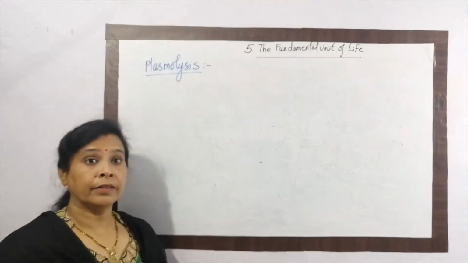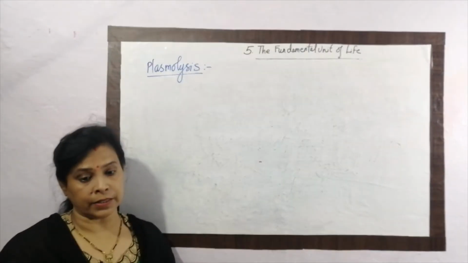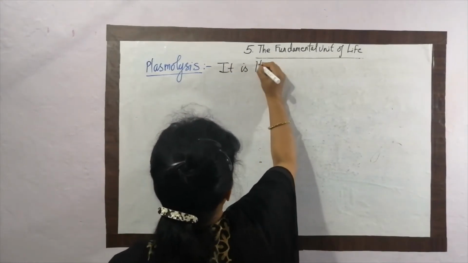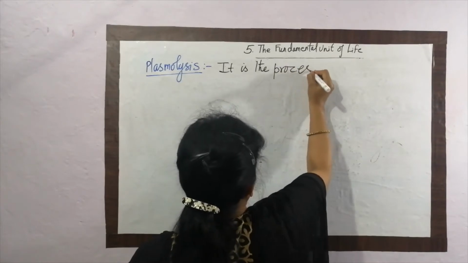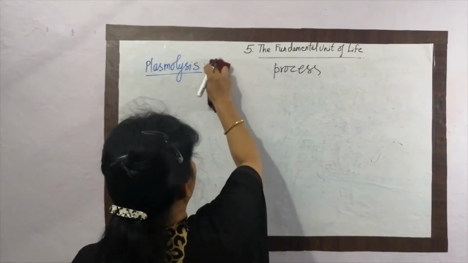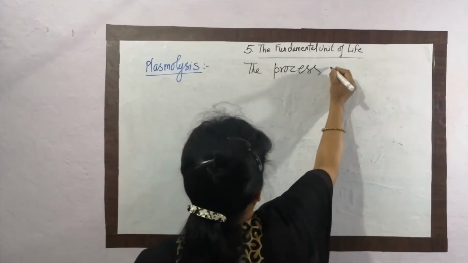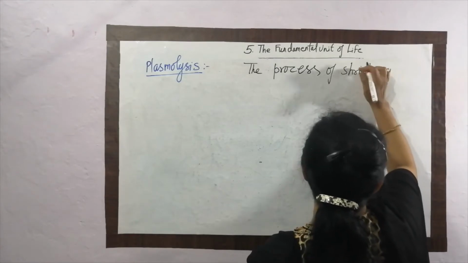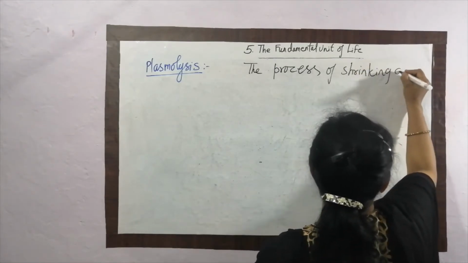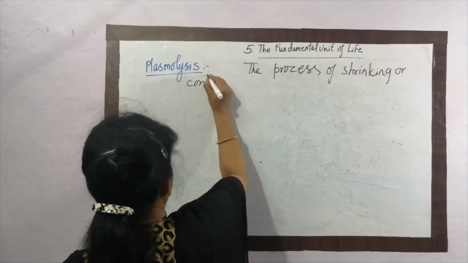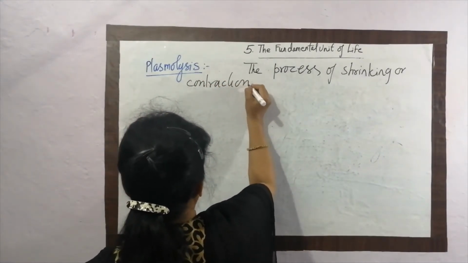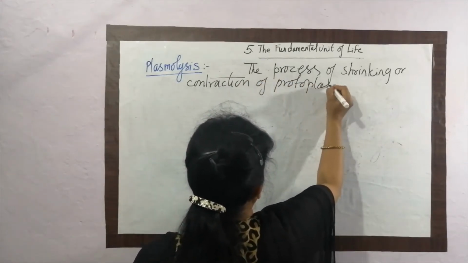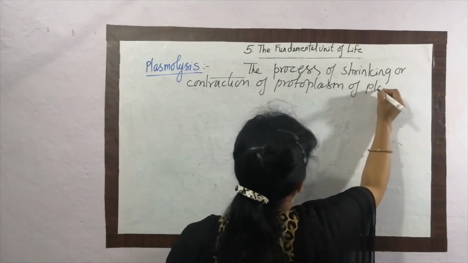Now we are going to define plasmolysis. Now what is plasmolysis? It is the process of shrinking or contraction of the protoplasm of a plant cell as a result of loss of water from it.